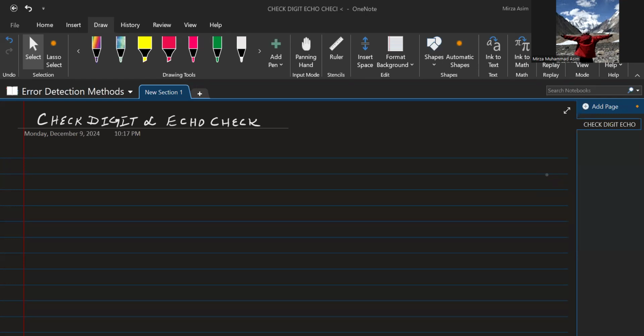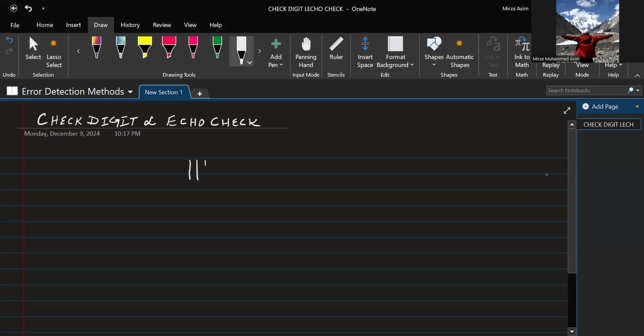Today we are going to cover other error checking methods: check digit and echo check. Check digit. Before I tell you about check digits, I believe you already know these thick and thin lines in different types of products, especially on the box. You have seen this ISBN, 9782325 and so on.